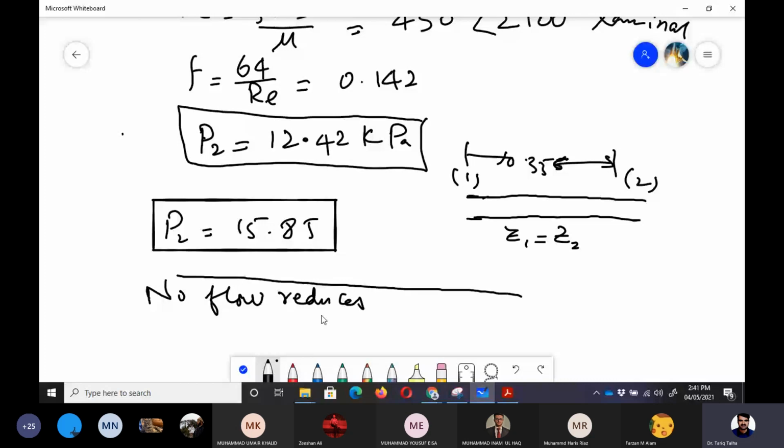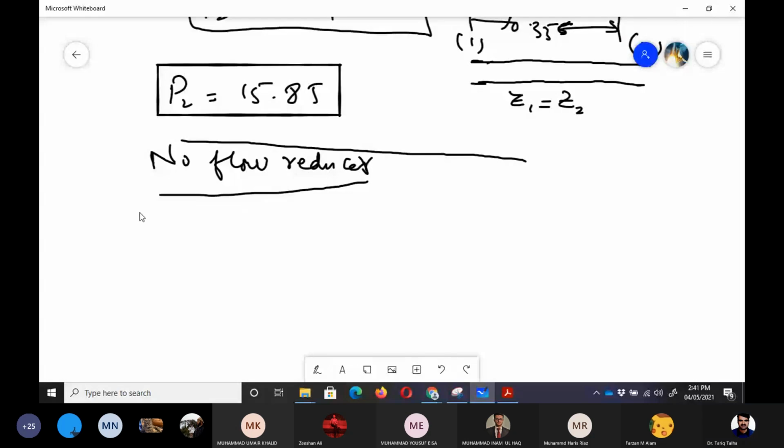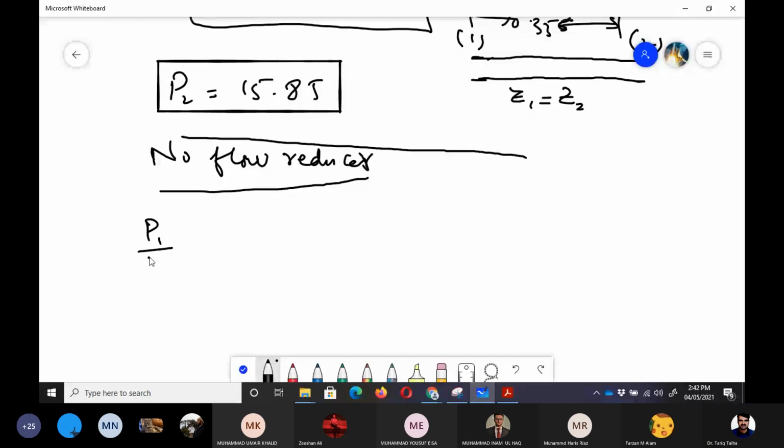In this case, if we want to write the energy equation, we can just write it: P1 upon gamma plus V1 squared upon 2g plus Z1 is equal to P2 upon gamma plus V2 squared upon 2g.